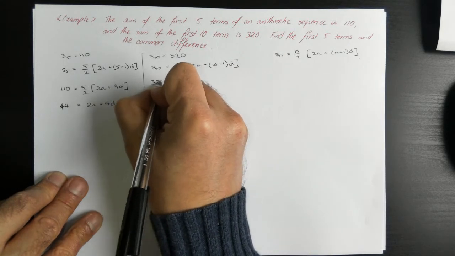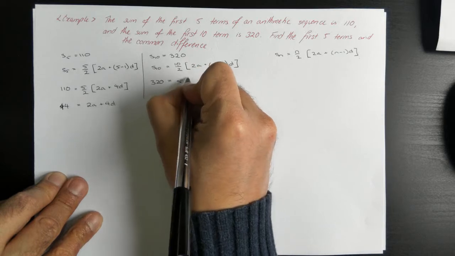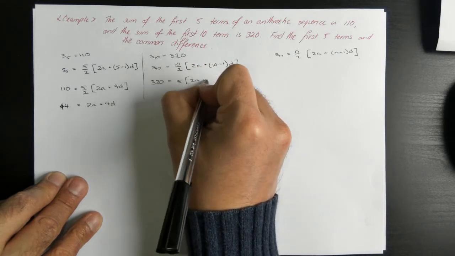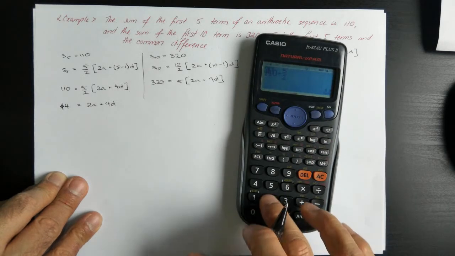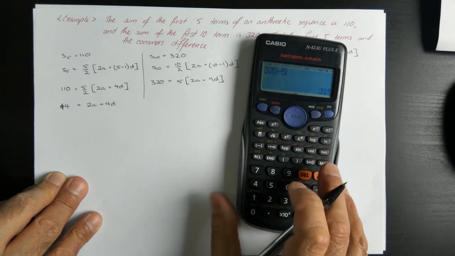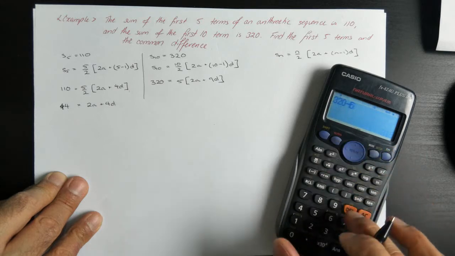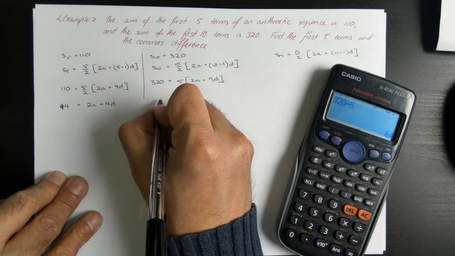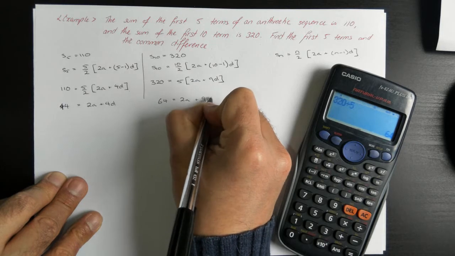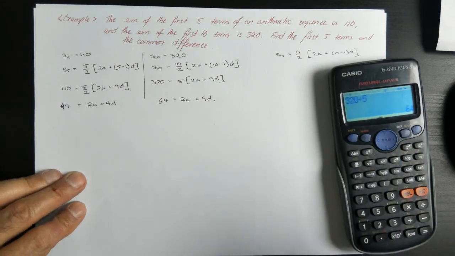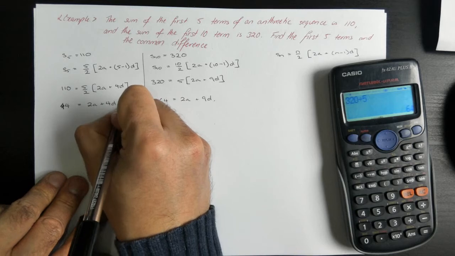So 320 equals 5 times (2a plus 9d). So 320 divided by 5 is 64, equals 2a plus 9d.